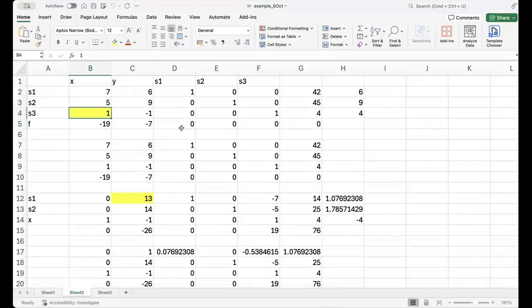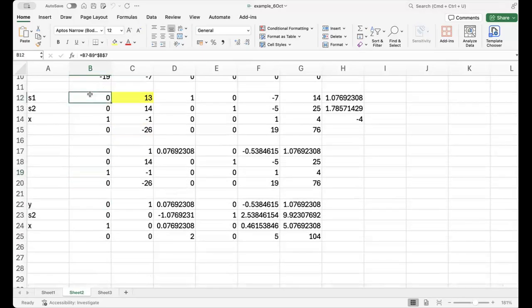And this is our pivot element. Luckily, this is 1, so you don't have to divide by anything. But you have to do some operation in order to make this coefficient 0. And this must be 0 also.